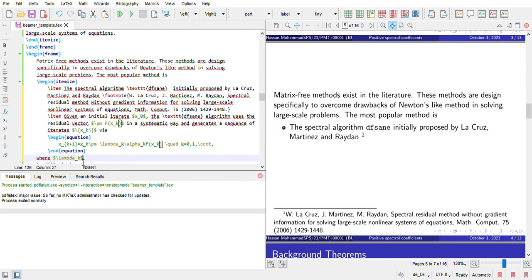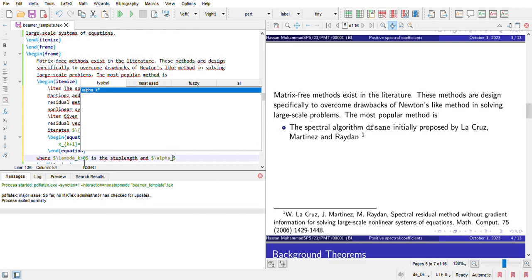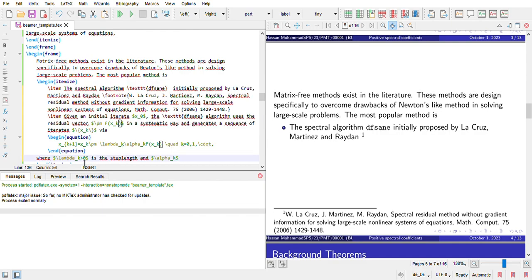So lambda_k greater than 0 is the step length, and \alpha_k is the spectral coefficient generated by, then we also have to put an equation for it.